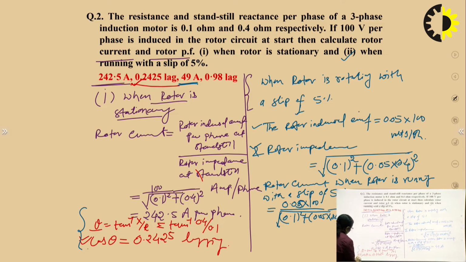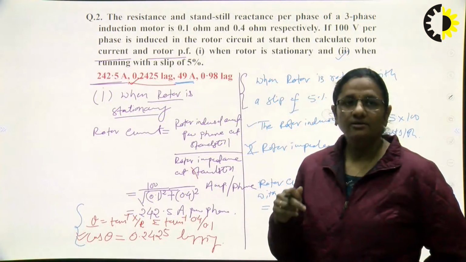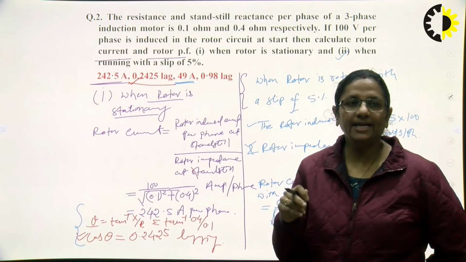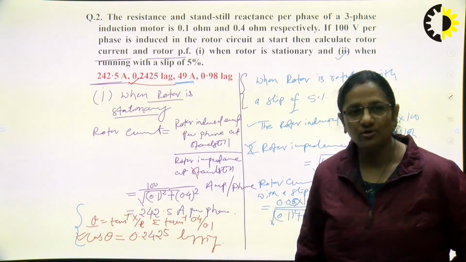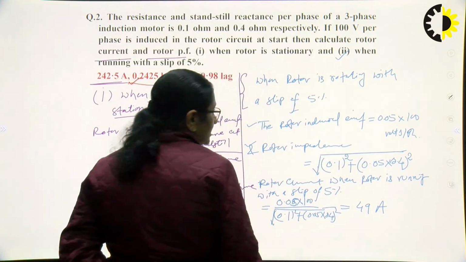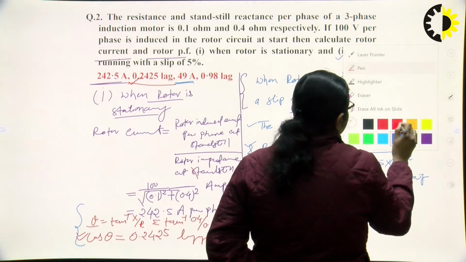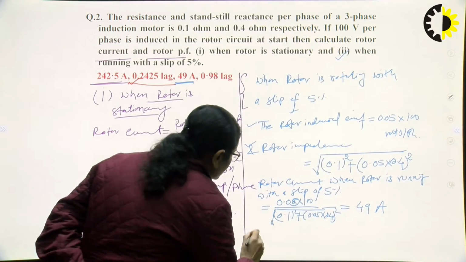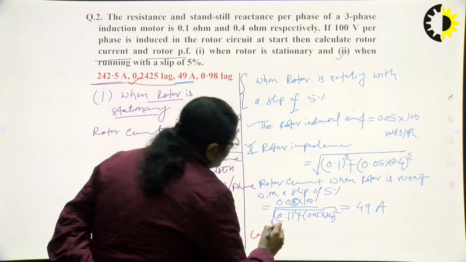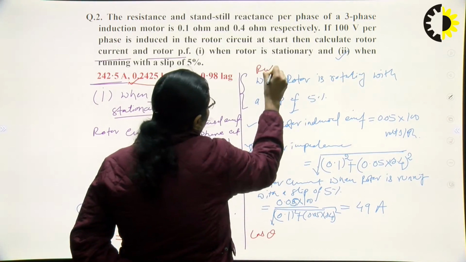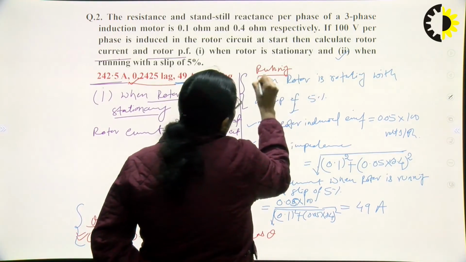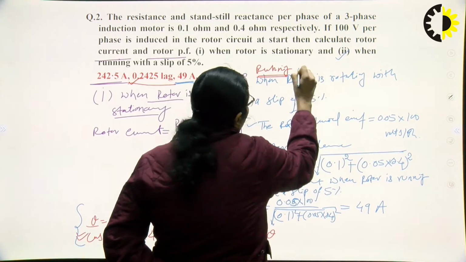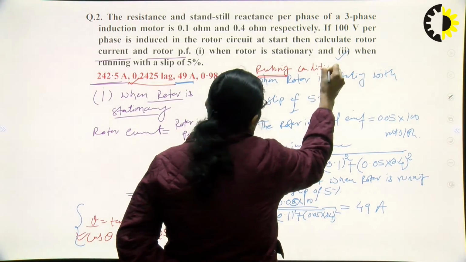Likewise, we can determine the operating power factor under running condition. The operating power factor is cosine of tan inverse of SX upon R, where X was the standstill rotor circuit reactance. Here, on the right hand side of the board, we are considering the running condition of the rotor.